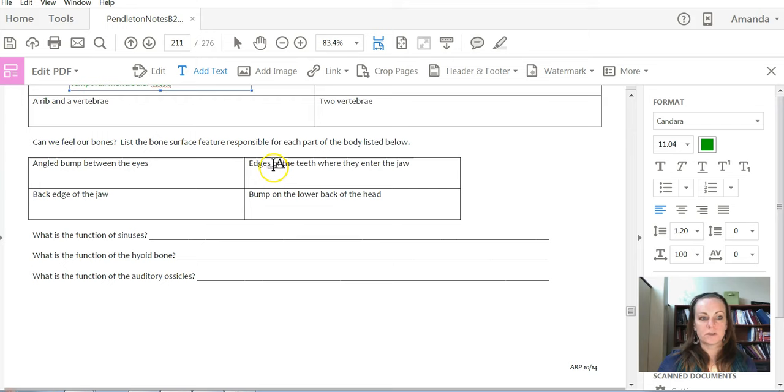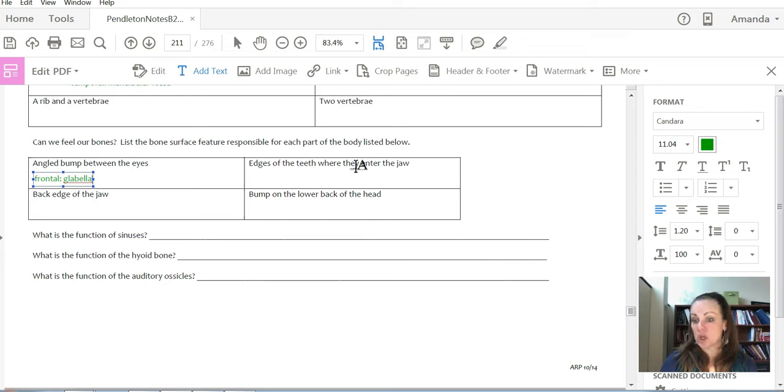Another thing is I want you to know some things that you can actually feel through the skin. So for example, this angled bump in between the eyes, that is on the frontal bone, and specifically the surface feature is the glabella. Okay, and so I want you again to think edges of the teeth, where they enter the jaw, so right in there.